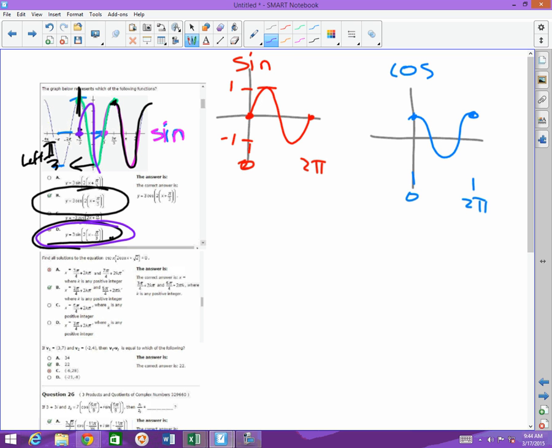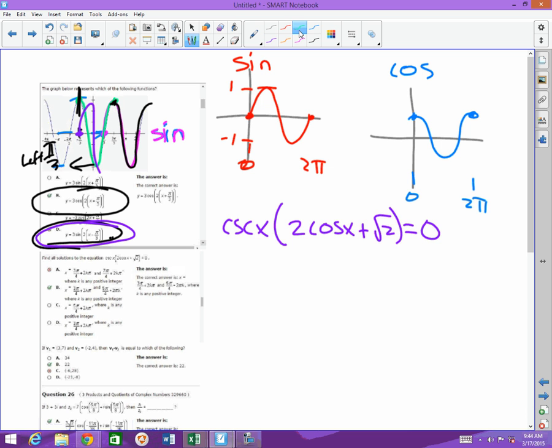All right, the next one says find all solutions to the equation cosecant of x times 2 cosine x plus square root of 2 equals 0.